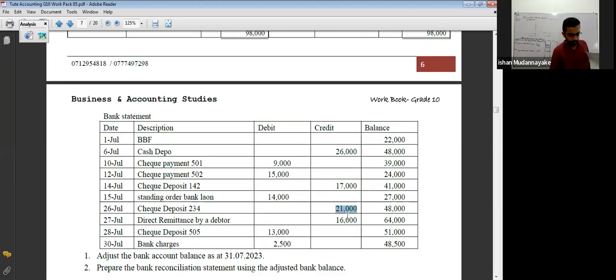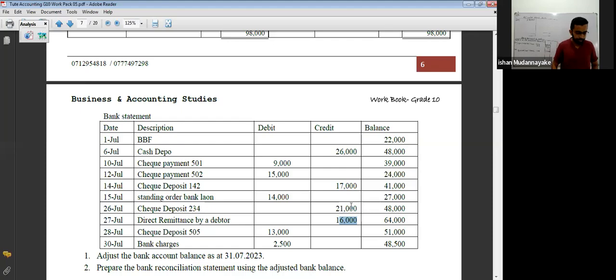And then now, direct remittance by a debtor. One of the debtors directly deposited cash into the business bank account. For example, you deposit class fees to my account. Direct deposit. But still the business is not aware of this direct remittance.